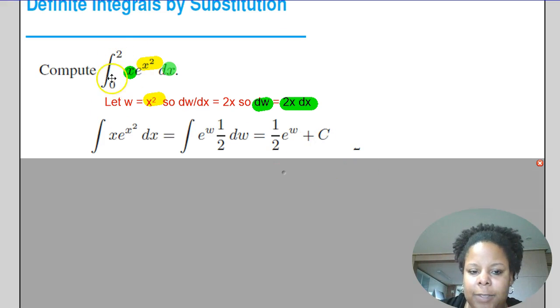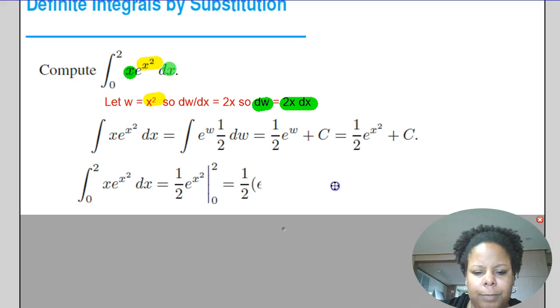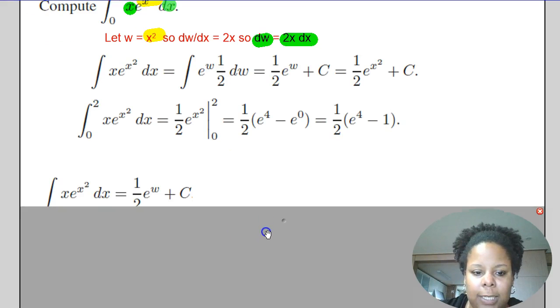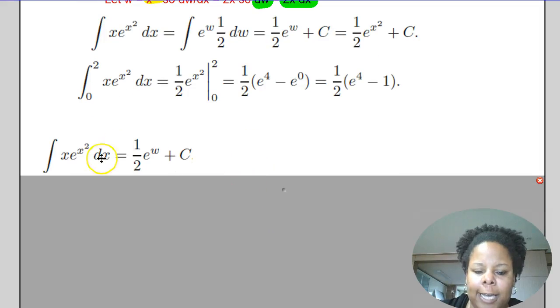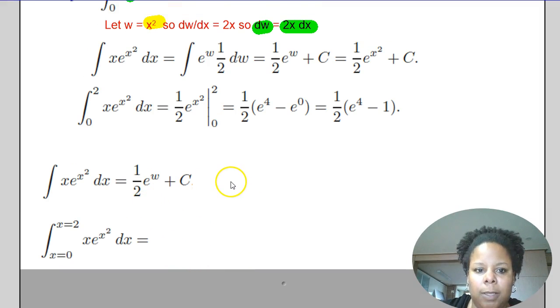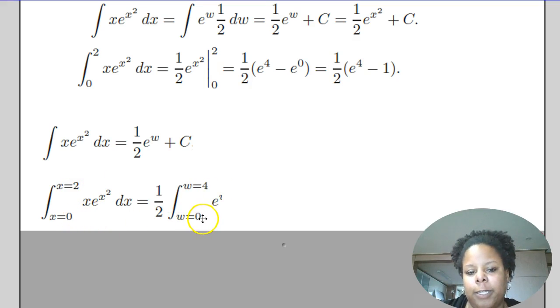But since we have limits of integration, we can evaluate our answer in terms of x at those limits of integration points, and we get this as our answer. Another strategy is a little bit different, though you'll get the same answer. We've already changed this and kept the answer in terms of w, and the idea is, well, if w is equal to x squared, then if x equals 2, x squared is 4, and if x equals 0, x squared is 0.